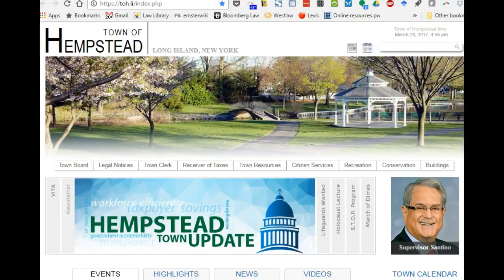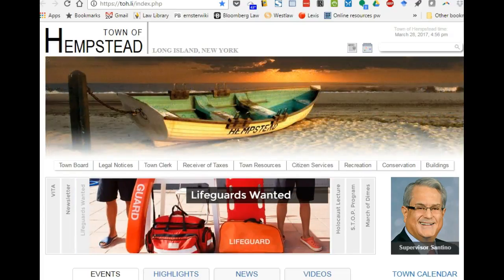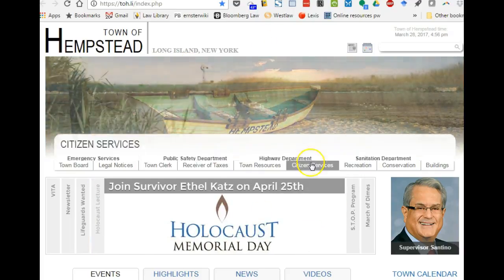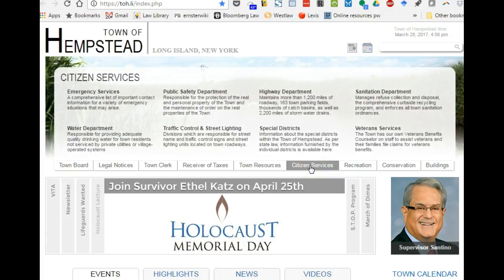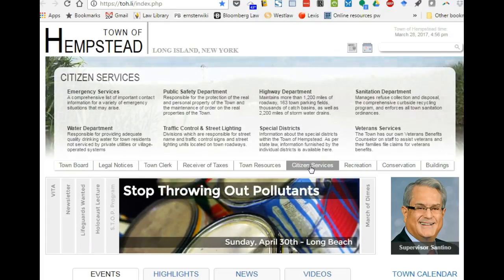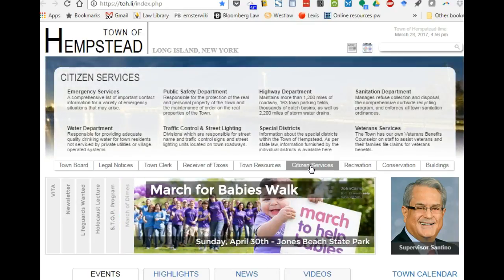So let's take a look at a couple of the jurisdictions to which we currently, as we sit and stand now, are subject. So we are in the town of Hempstead. Give you an idea of what the town actually does, at least in this particular website under Citizen Services. You get an idea of what's going to be covered. So emergency services, water, that's important, right?